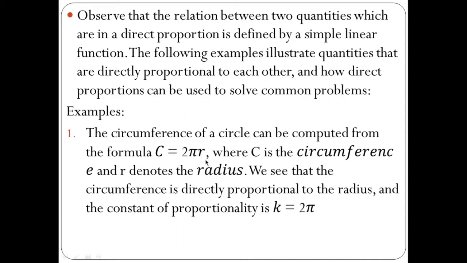Here, pi is the constant. We see that the circumference is directly proportional to the radius, and the constant of proportionality is k equals 2 pi. Class, this example number 1 just shows an example of direct proportion, which is the circumference of a circle.